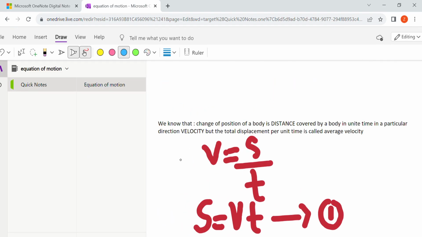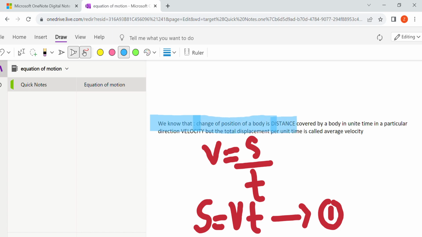Okay, so we are now deriving the second equation of motion. We know that change of position of a body is known as distance.